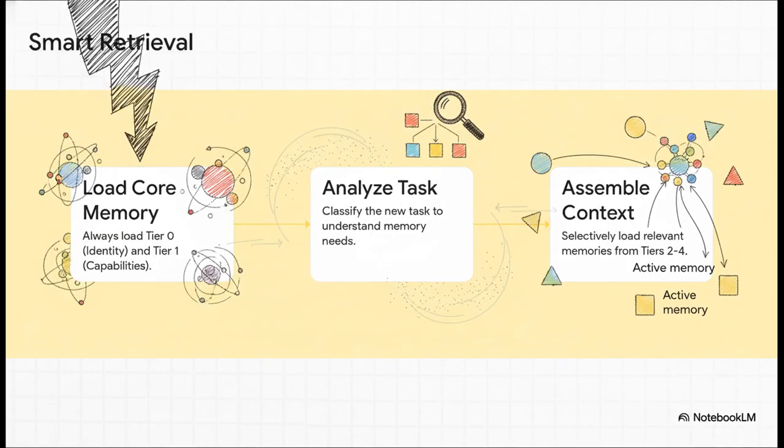And on the flip side, retrieval is super efficient. When a new task comes in, I always start with my foundation, Tier 0 and Tier 1, my identity and my skills. Then I look at the new job and I pull in only the specific operational and reference files I need. My active memory is valuable real estate, and this system makes sure I'm not wasting any of it.